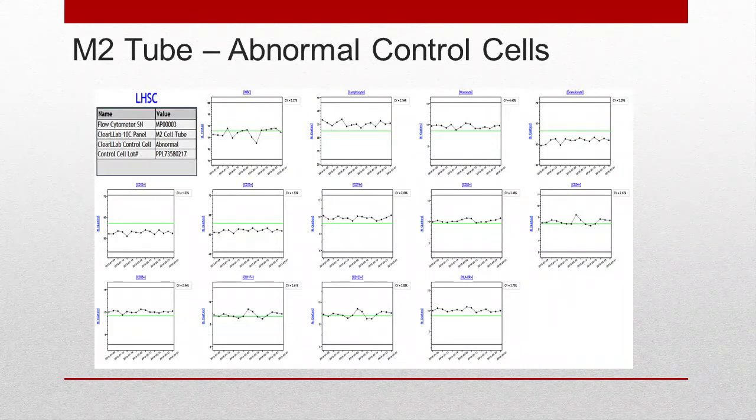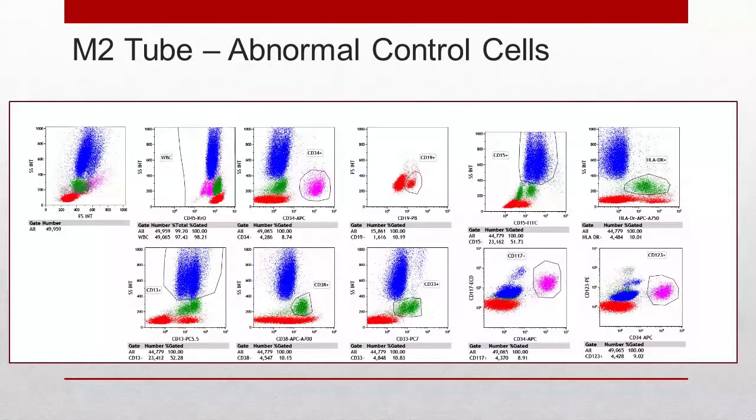The limits are the black lines, and the green is the mean that was given with the control cells. Depending on how the laboratory works, you would either develop your own mean and then run those, or you could just run it within the given means. Even though you can see here that one of these does run below the mean, it is still within the target limits.